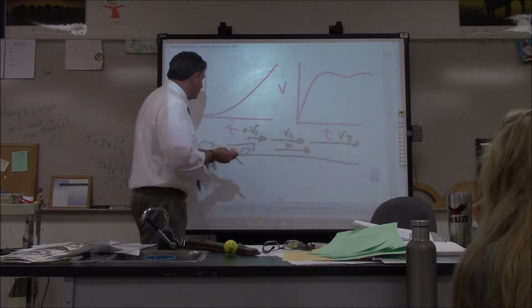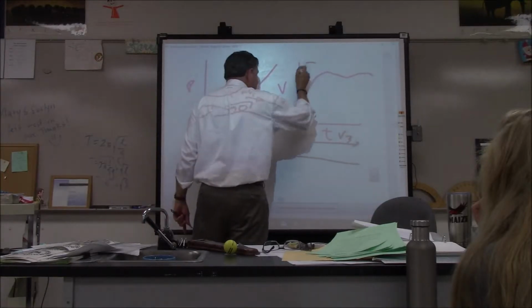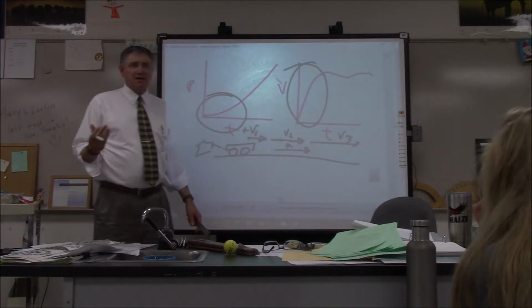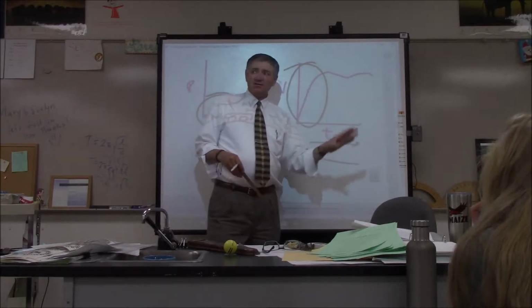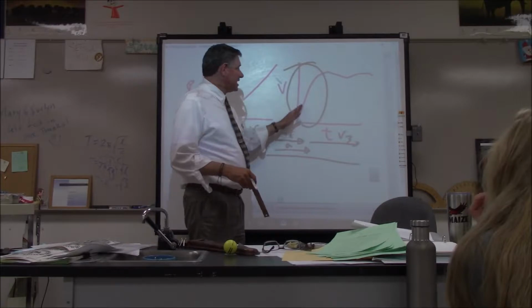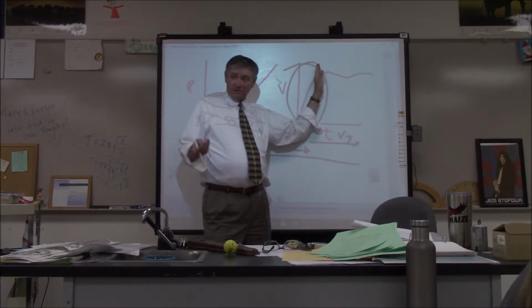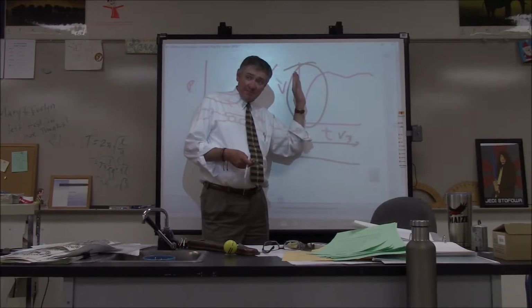If this shows you speeding up, I've got to have the same thing happening on my velocity time graph. What does the slope of a velocity time graph give you? Acceleration. So in this case, I have positive acceleration, but what else do I have? Positive velocity. So that means I am speeding up.